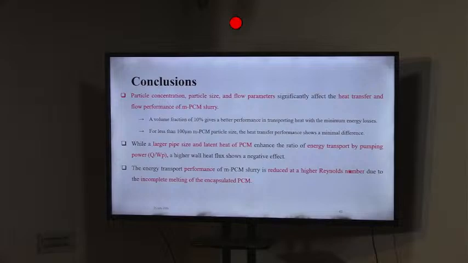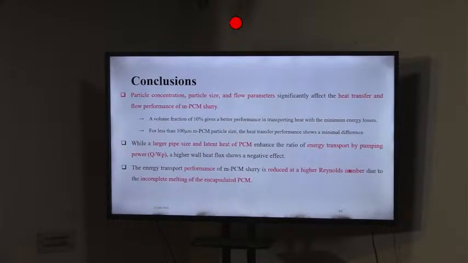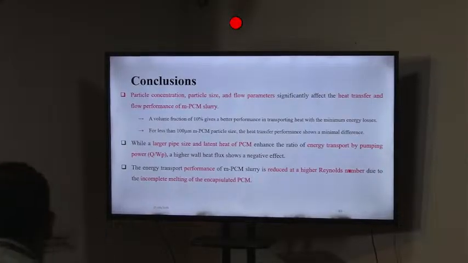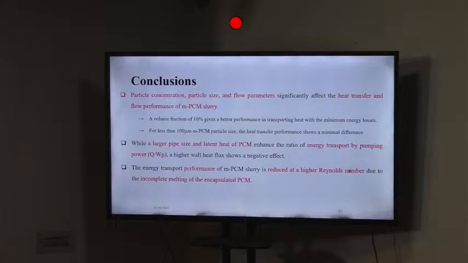Here we found that a larger pipe size than the slurry based testing, there is actually a ratio of the energy transfer and the pressure, which is actually a better option. However, this is a negative point, but that also should be highlighted.